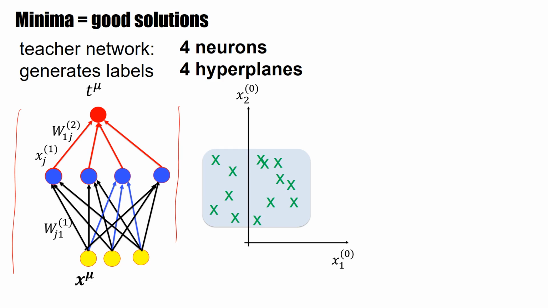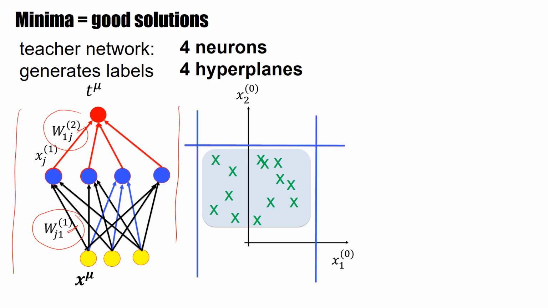So suppose I have a teacher network which generates the labels with a certain set of weights, big W in the first layer, big W in the second layer. And this is how my database is defined. This specific teacher network used these 4 hyperplanes to delimit the space of positive examples.